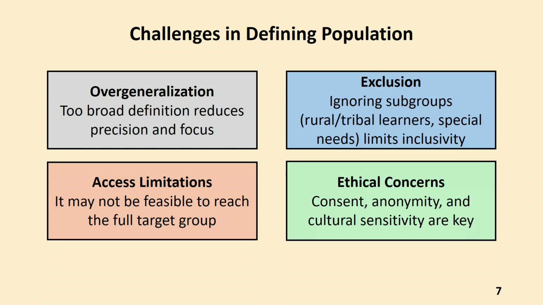Next is access limitations. It may not be feasible to reach the full target group. Many times when you are selecting and defining your population of the study, it makes sense to ask whether you can access that population or not. Access means that yes, you are defining and understanding your population properly, but whether you will be able to collect data or select the sample from that particular population in a practical manner. As a researcher, you have to answer these questions to yourself.